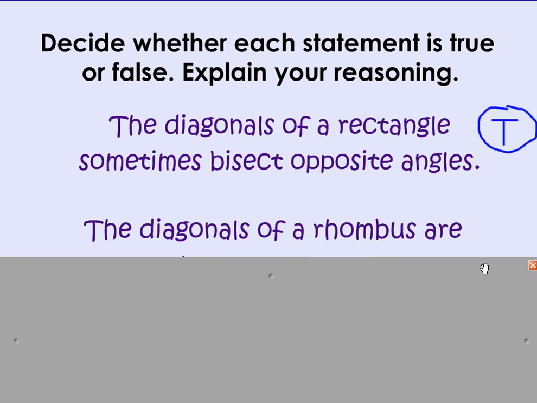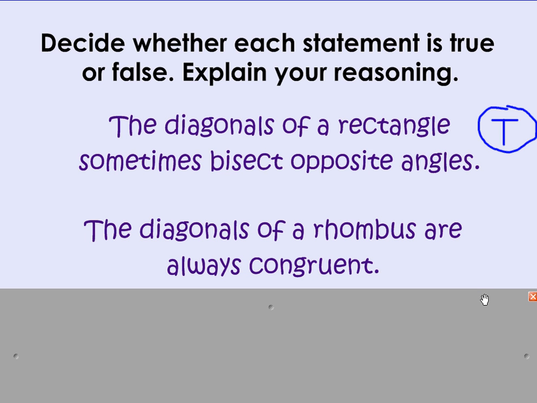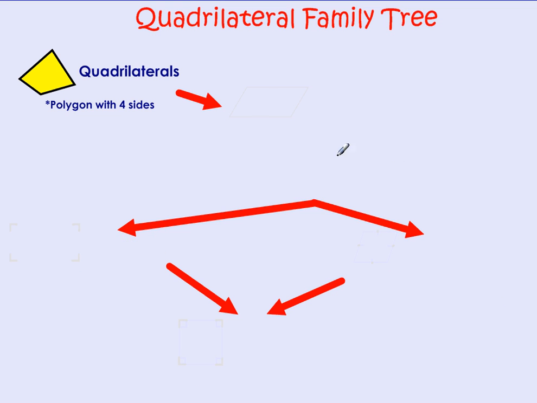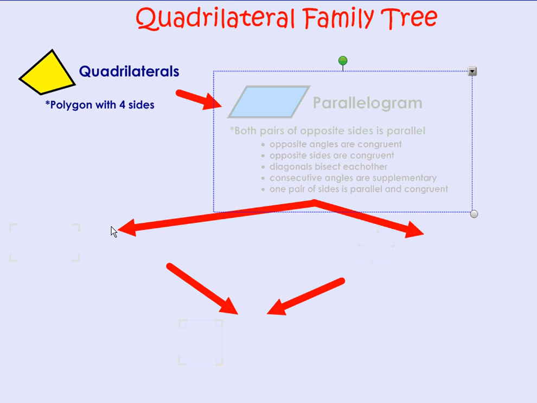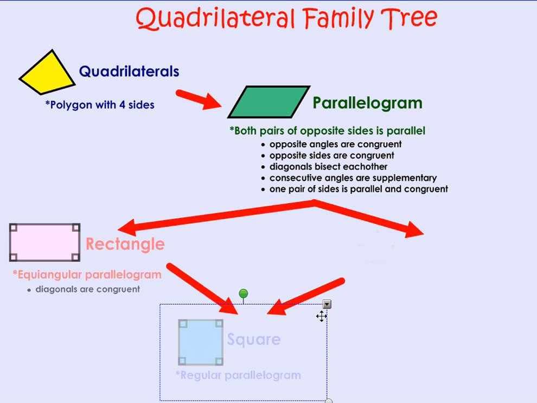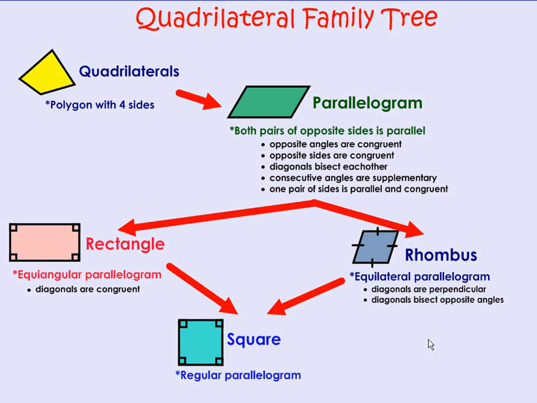Bringing this further down, our next one says the diagonals of a rhombus are always congruent. Once again, let's take a look at our chart and bring back all of our properties. The diagonals of a rectangle are congruent, but the diagonals of a rhombus bisect opposite angles and are perpendicular.